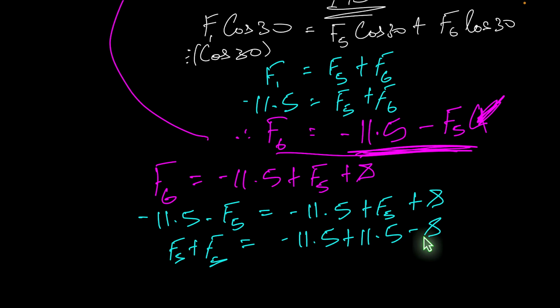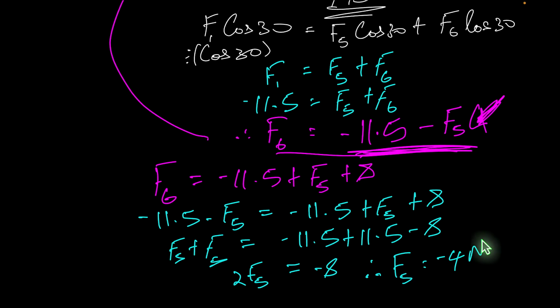So that's grouping like terms now, and this just leaves us with 2F5 equals negative 8. As you can see, therefore, our F5 is equal to negative 4 newtons, which is compressive. So that's the value we get there for F5.